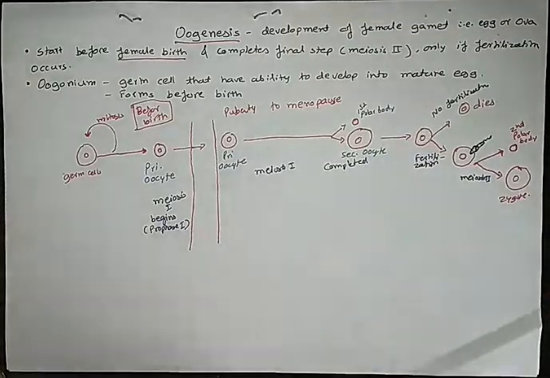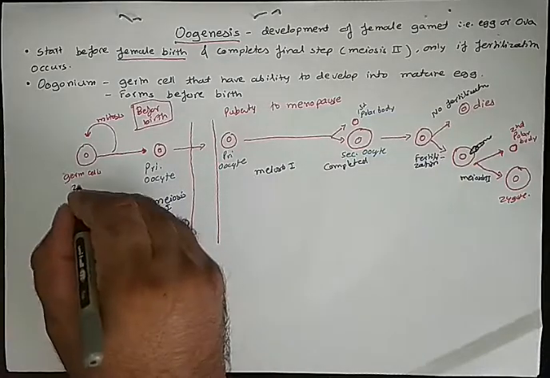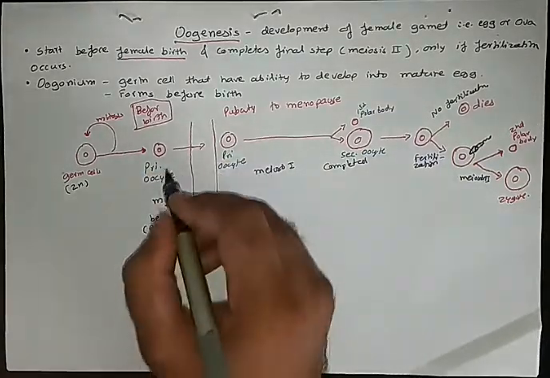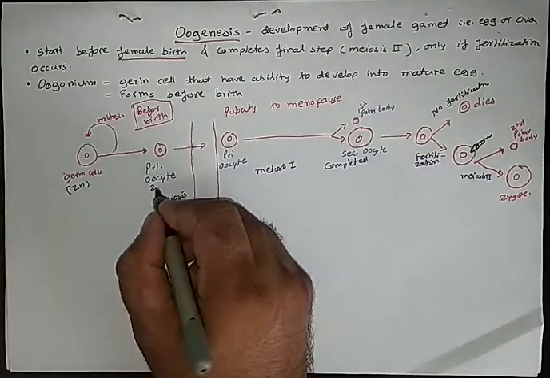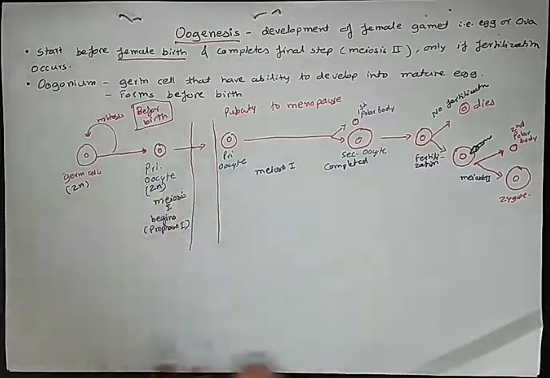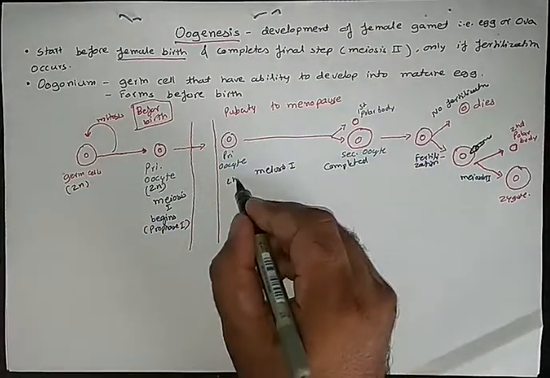Now if we see the number of chromosomes, in germ cells, obviously, they are 2n in number. In the primary oocyte, the cells are also 2n in number.